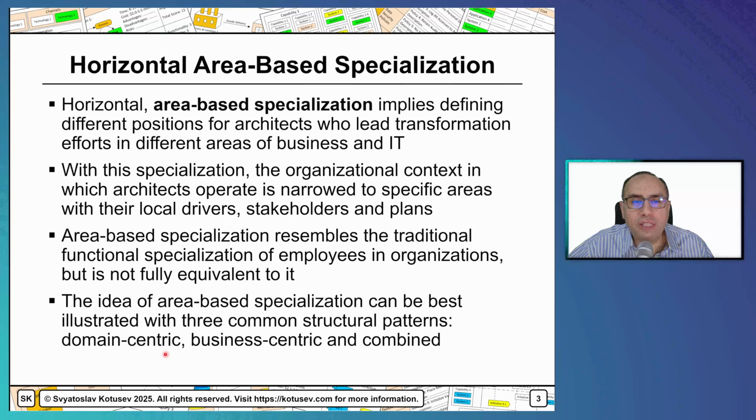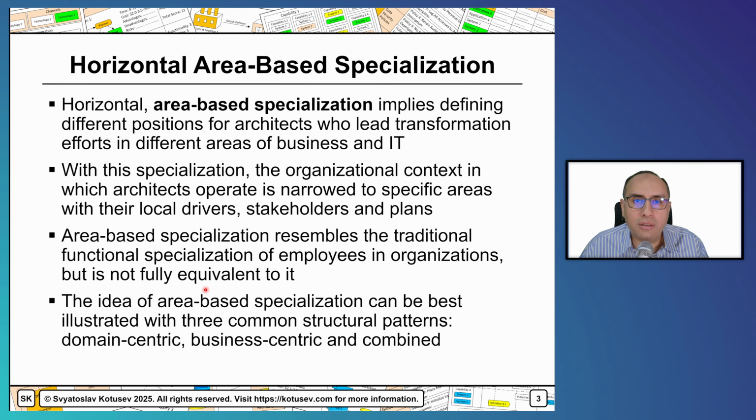Horizontal area-based specialization implies defining different positions for architects who lead the transformation effort in different areas of business and IT. With this specialization, the organizational context in which architects operate is narrowed to specific areas with their local drivers, stakeholders, and plans. Area-based specialization resembles the traditional functional specialization of employees in an organization but is not fully equivalent to it.